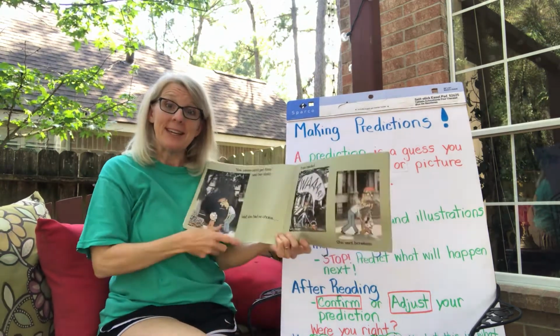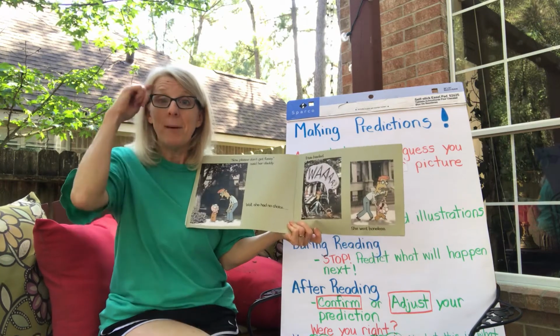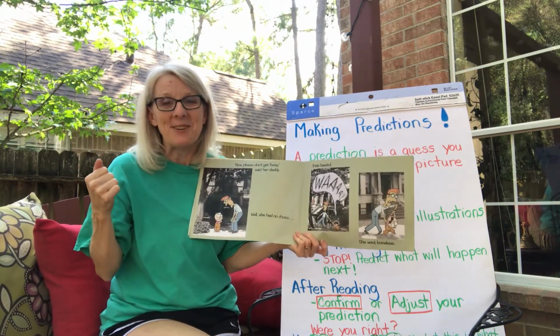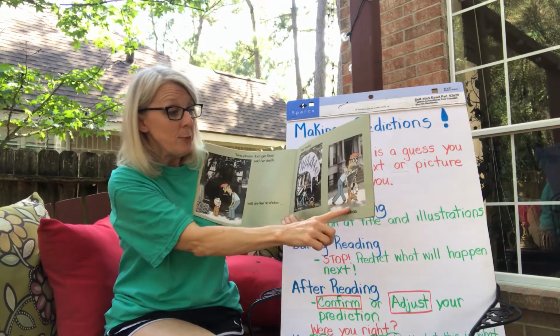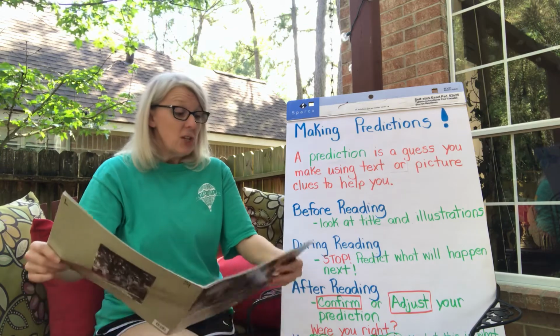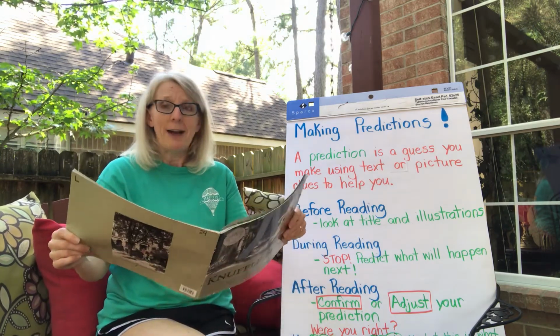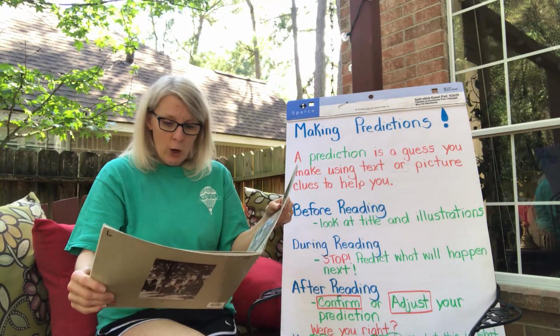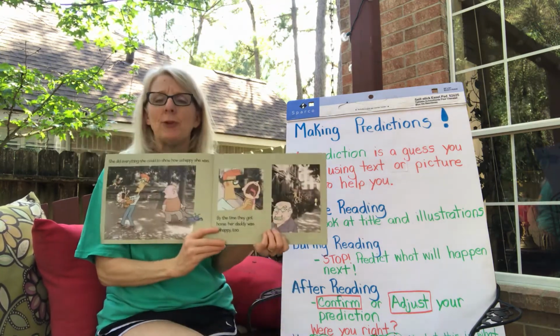I'm going to predict that that's what they mean by boneless. I'm going to use my background knowledge, remember what we talked about last week, and I'm going to be able to predict that she just kind of went limp. She did everything she could to show how unhappy she was. By the time they got home, her daddy was unhappy too.